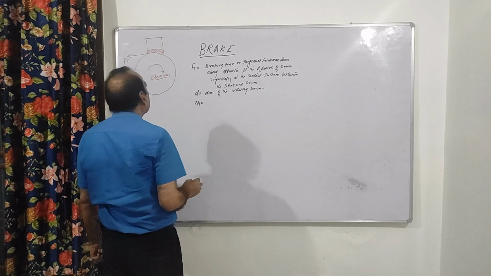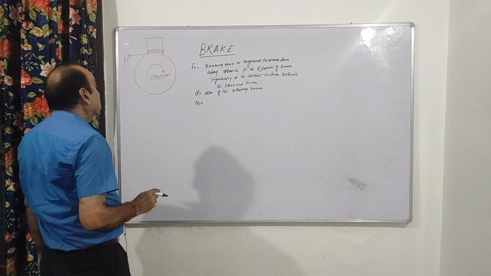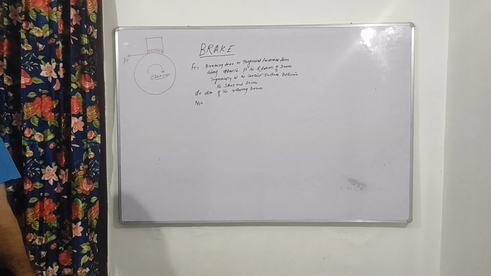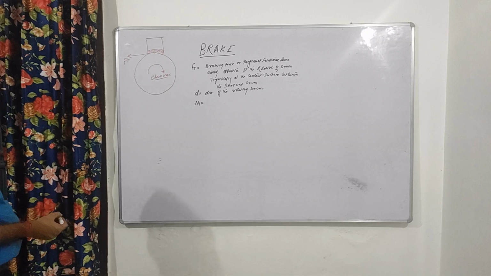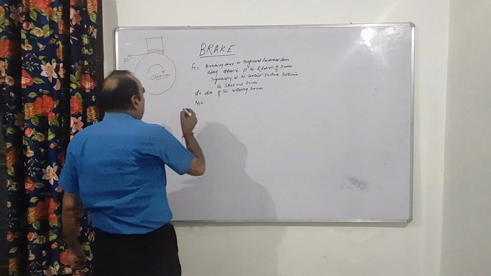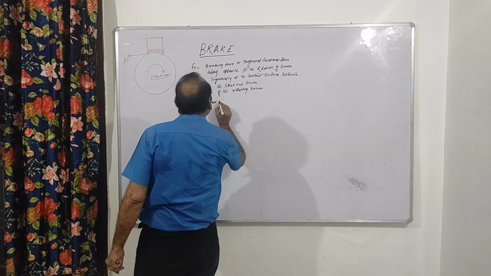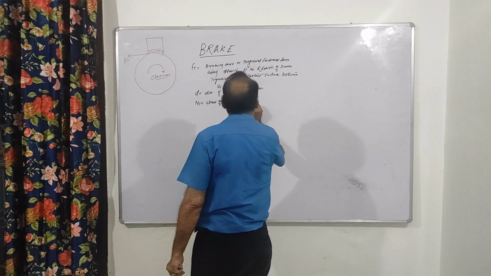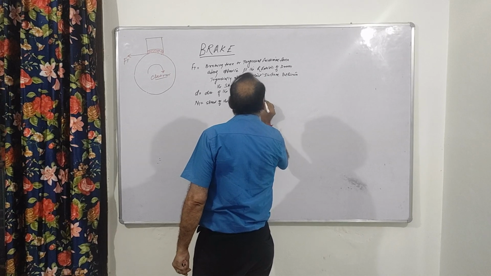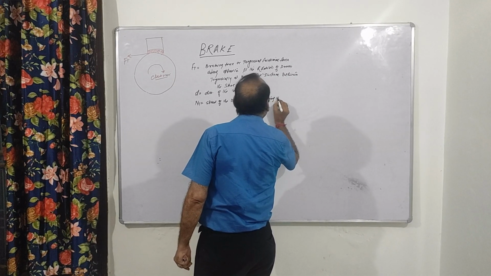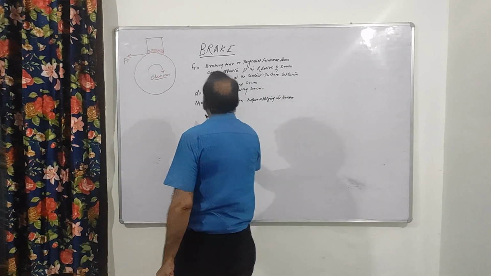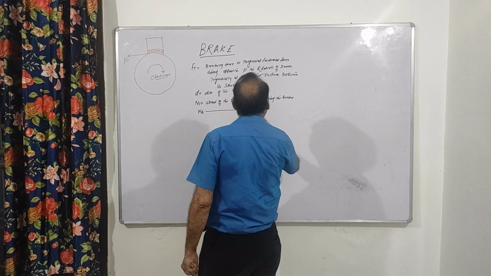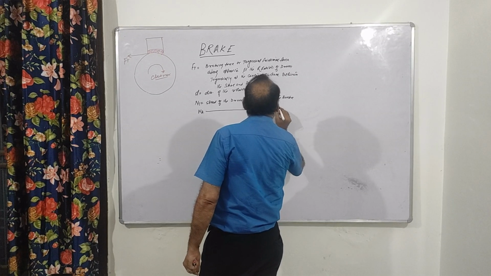N1 is the speed of the drum before applying the brake, and N2 is the speed of the drum after the brake is applied.